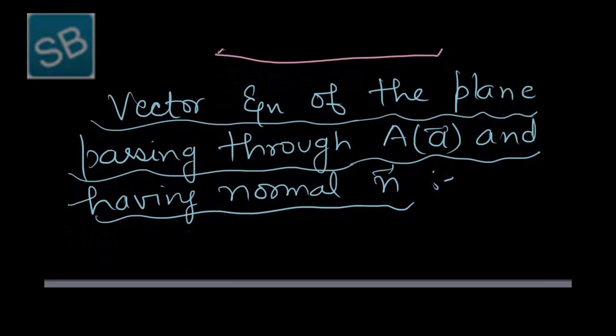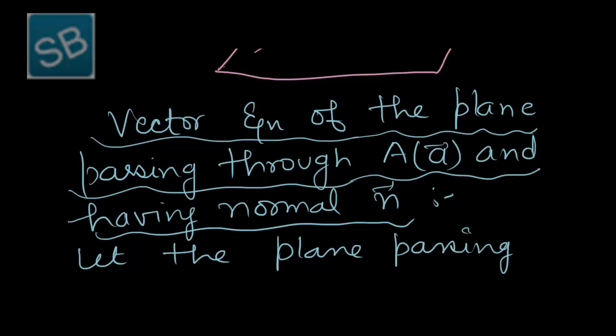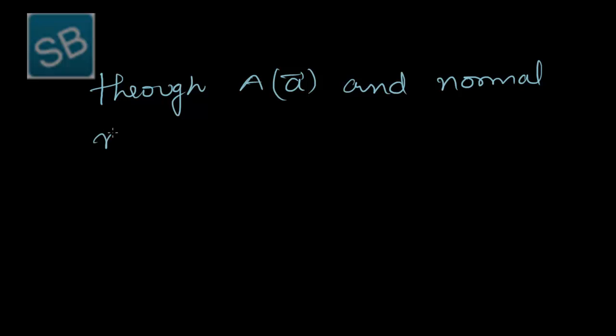Now, let the plane passing through a position vector a and having normal n be pi. The plane pi contains the plane passing through point A and normal n.